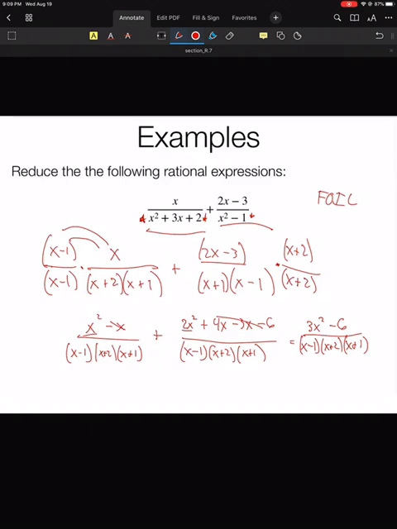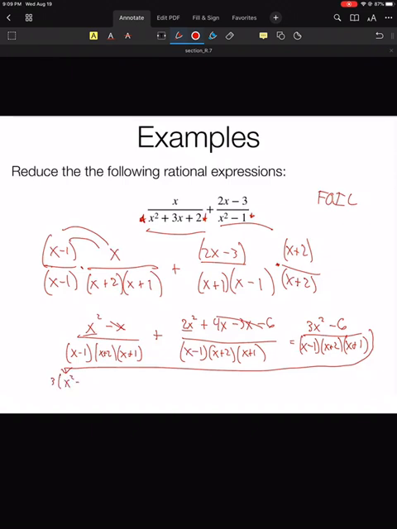Great. Can I simplify this any further? The answer is yes, I can. I can pull a 3 out of the top. So I'm going to move down here, and I'm going to pull a 3 out to both.